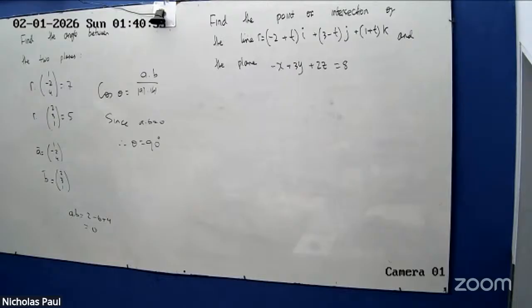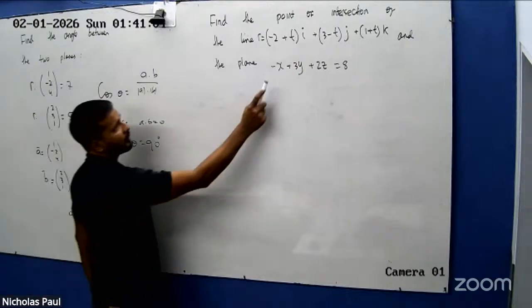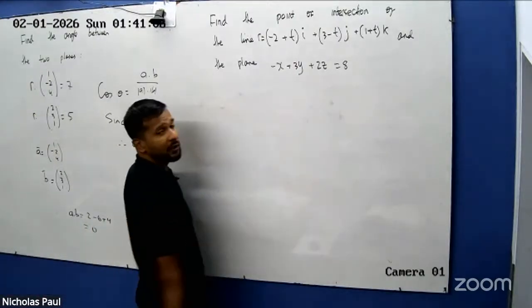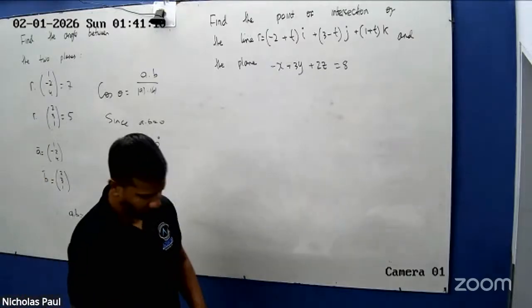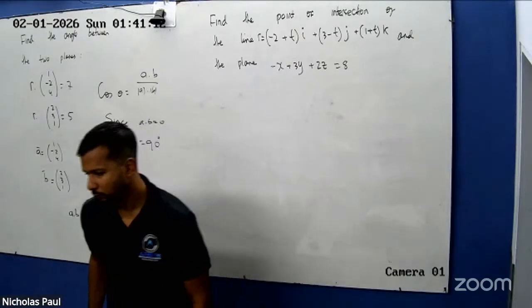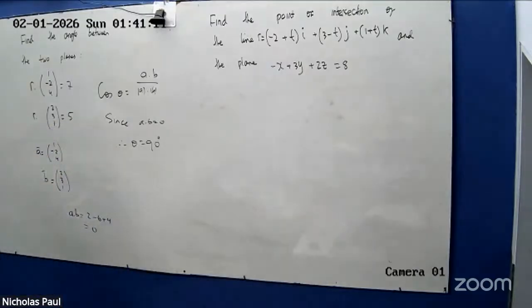So technically we're trying to solve for t, right? Put it in the parametric form, then substitute x, y, z, and solve for t.